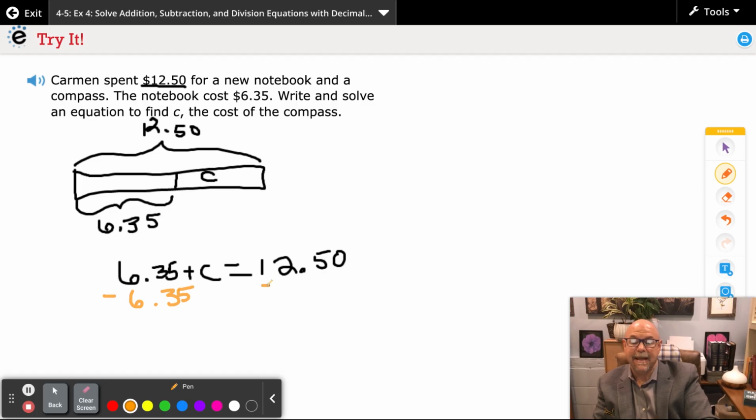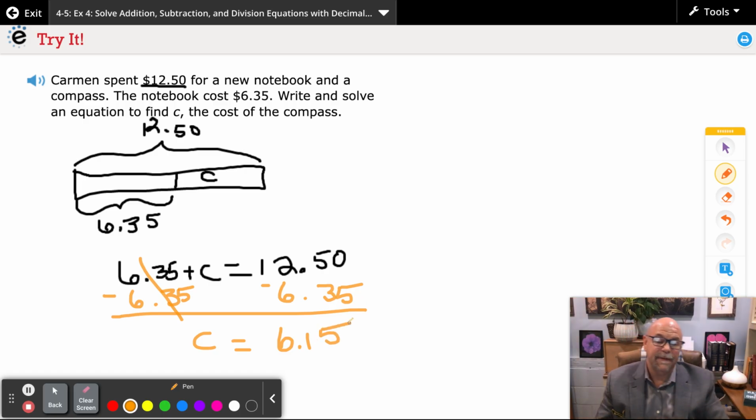Again, maintain that equality as long as you're doing it to both sides. They're still equal to each other. So that cancels, and C is equal to $6.15.